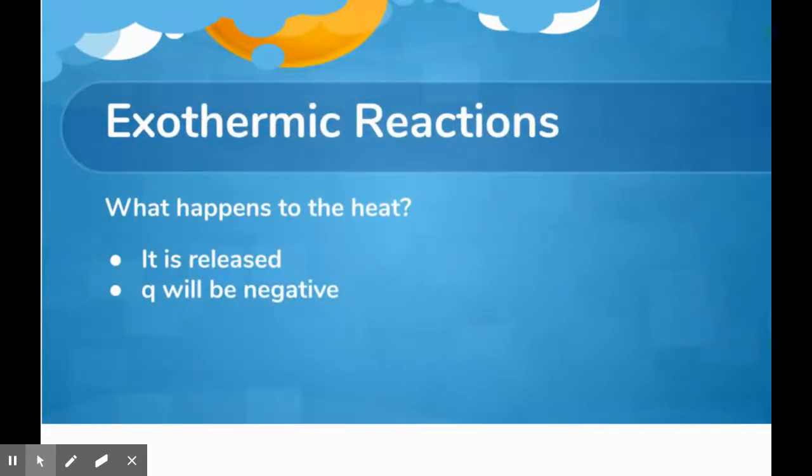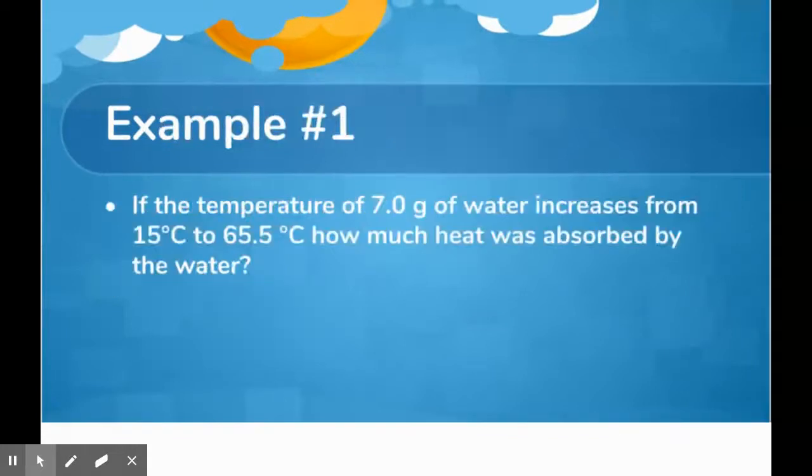So Q is going to be negative. And this is why it's important for you to make sure you are labeling the final and the initial temperatures correctly, because our delta T might be positive or negative based on whether it's an endothermic or exothermic reaction, which will affect the sign of Q, which is important.